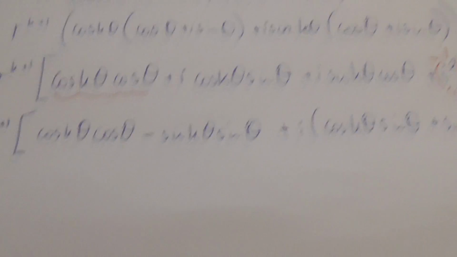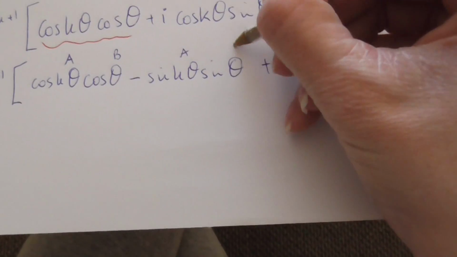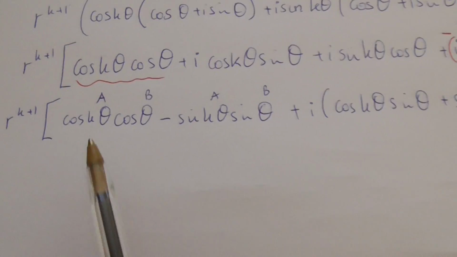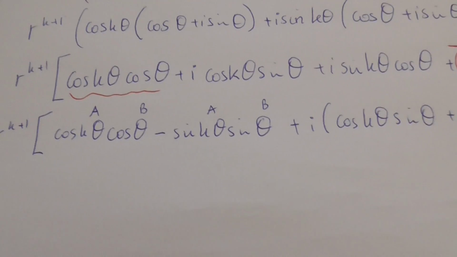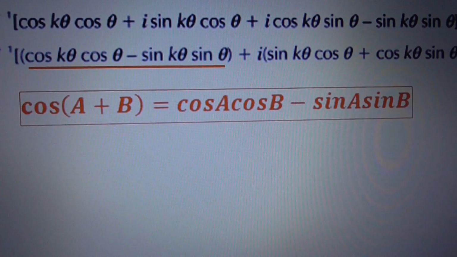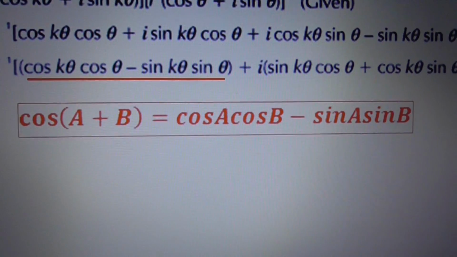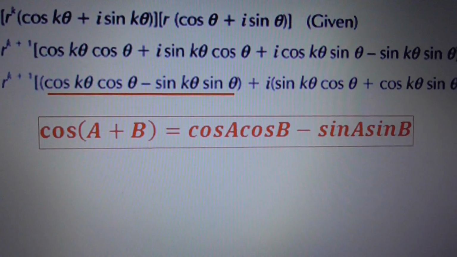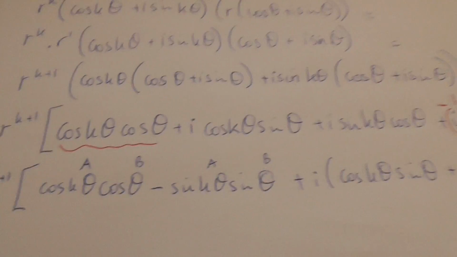If you call that angle A, and that one B, well, this is A as well, and that's B. So you're looking for a formula that has cos A cos B minus sine A sine B. In your log tables, you will find the formula for cos of A plus B. So A is k theta and B is theta on its own. Using that formula, this real part of my complex number can now be written as the cos of A plus B.